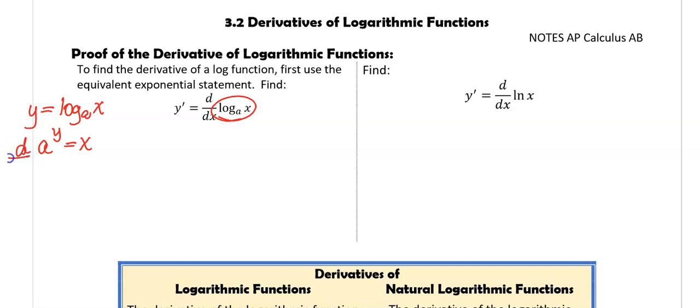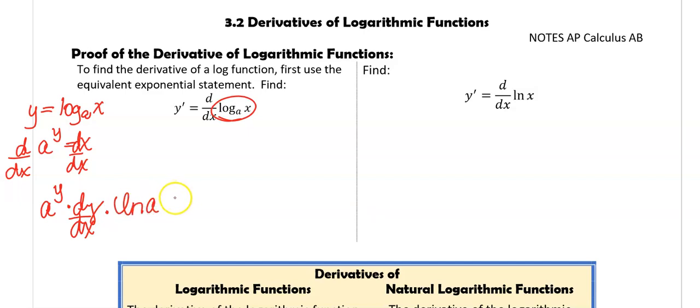Now let's take the derivative of both sides. We know from last chapter the derivative of an exponential function is 3 parts. Copy times the derivative of y, which is dy dx using implicit, times the natural log of a.